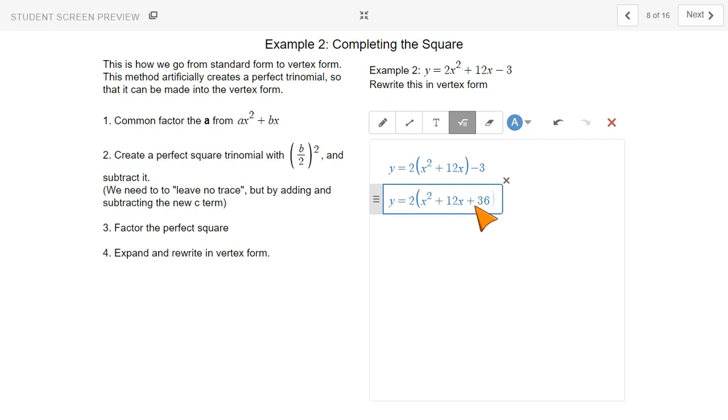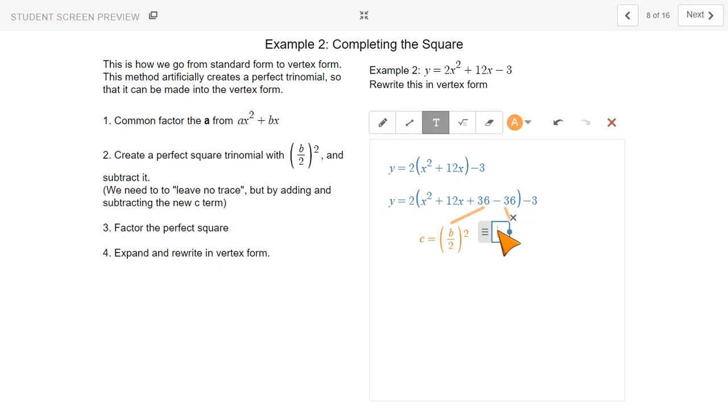Now we have to leave no trace, so I'm going to subtract 36 as well, and then I'm rewriting the -3. Okay, so this first 36, it came from b over 2 squared, and then our -36 was leave no trace.